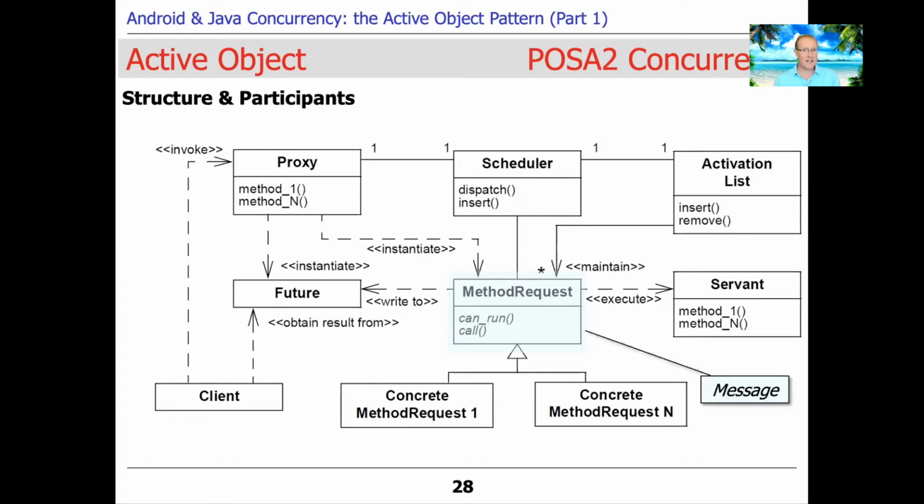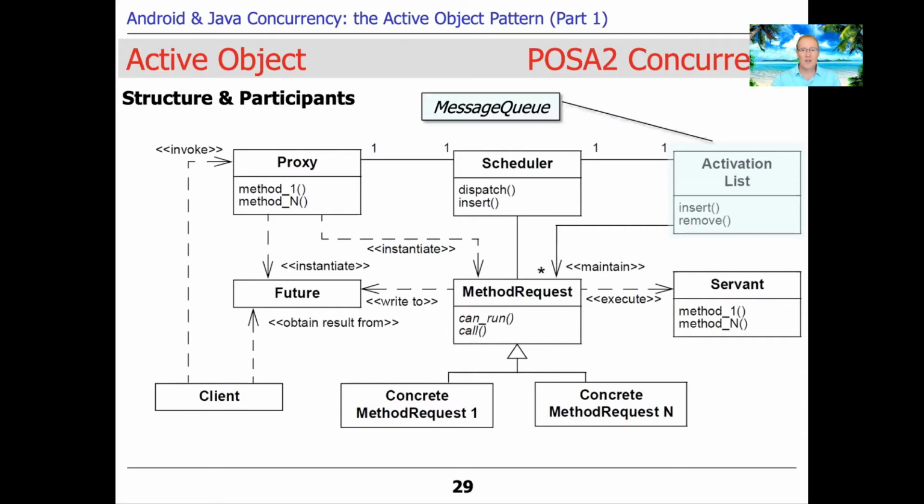In our particular case, that's the message itself. Then that message is passed off to another thread of control and stored in something called the activation list. These are the list of all the method requests that are pending processing inside the context of the active object in a different thread of control. In this particular case, that would be the Android message queue class.